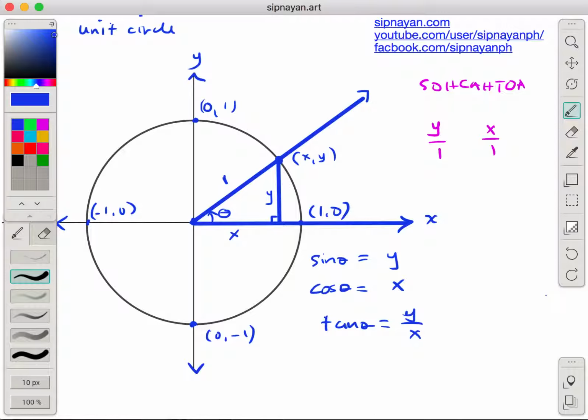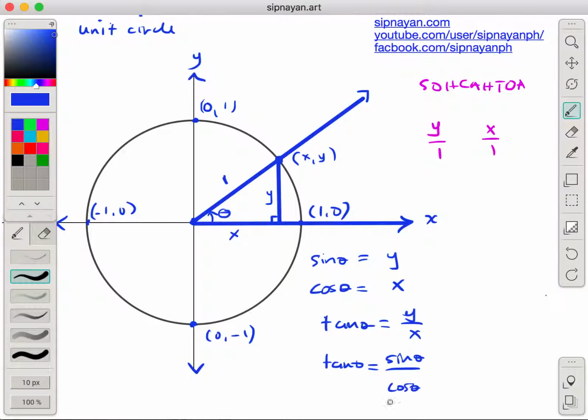And of course, pwede natin palitan ng sin theta at cosine theta because they equal y and x respectively, no? Also, yung tangent theta natin, pwede rin natin palitan na sin theta because y is equal to sin theta and x is equal to cosine theta.